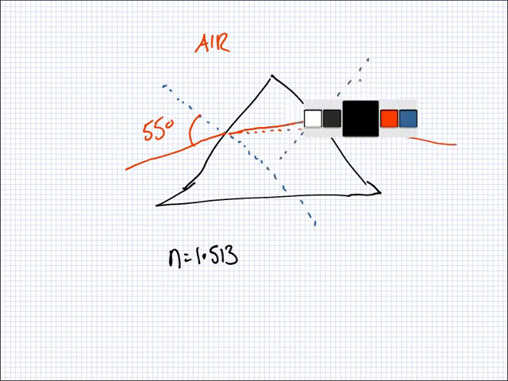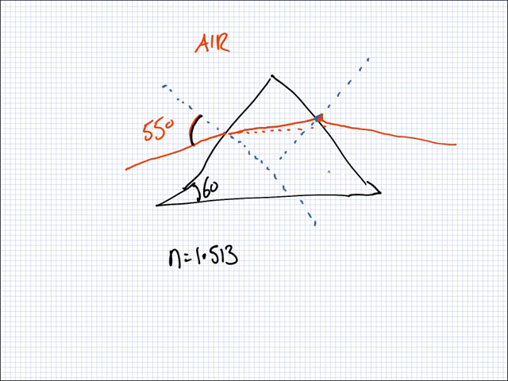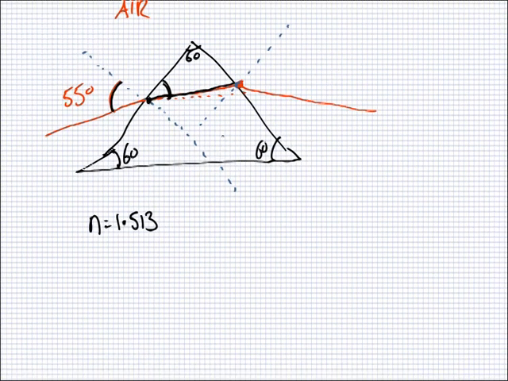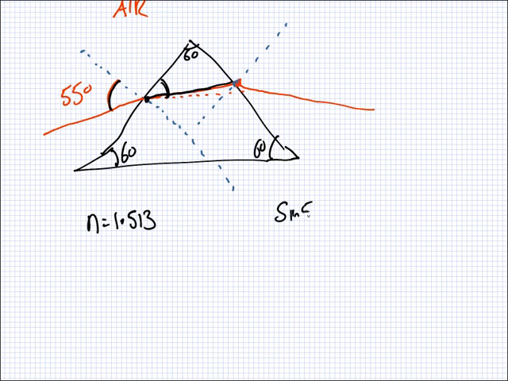Okay, let's fill in some angles. So that's 55. That's 60. That's 60. And that's 60. Now this angle here, we can get because we can use our formula: sine theta 1 over sine theta 2 equals n1 over n2.